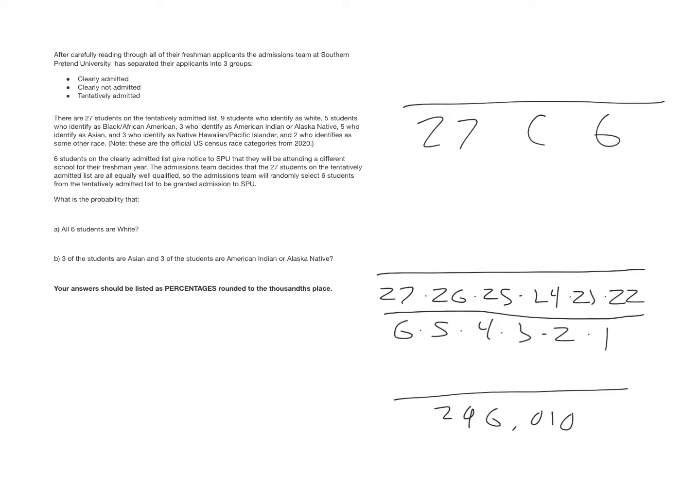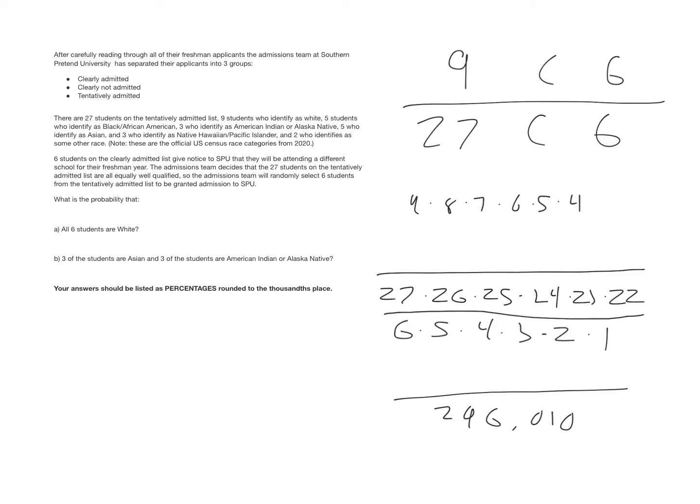Now I also need to say, how many ways could I choose 6 students so that all 6 of them are white? We are told in the problem that 9 of the students are white, and we're choosing 6. So again, how many options do I have for the first student? 9. For the second, 8. For the third, 7. 6. 5. 4.